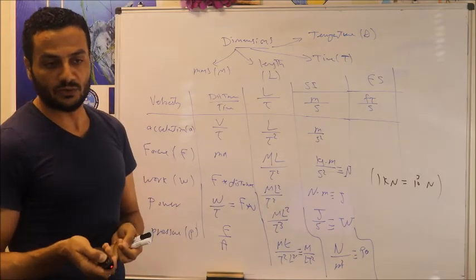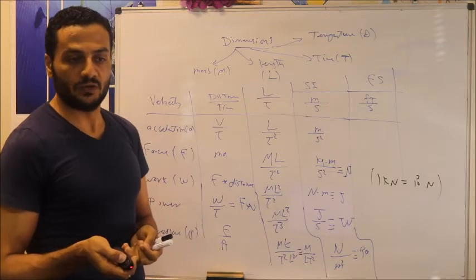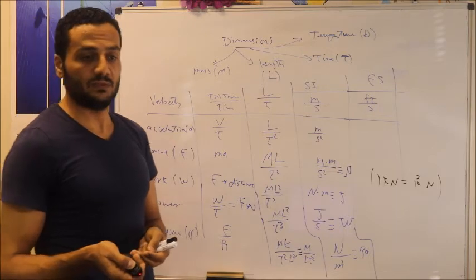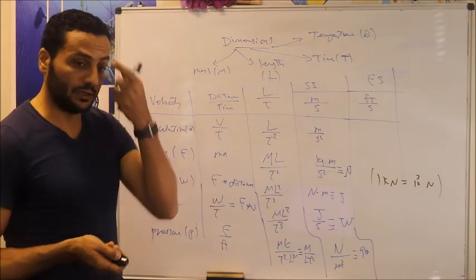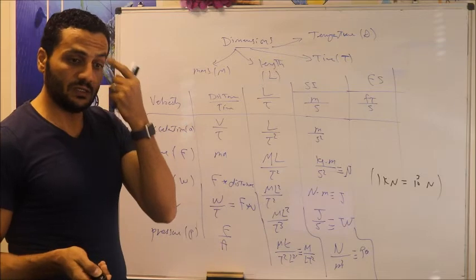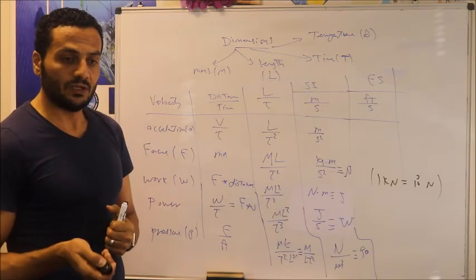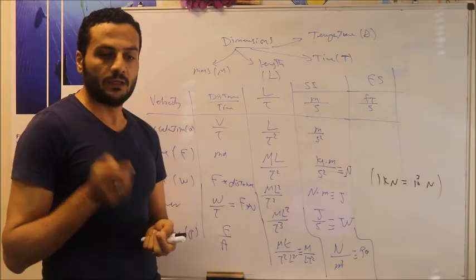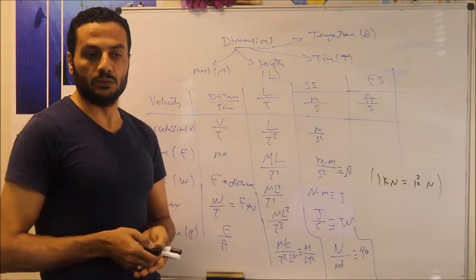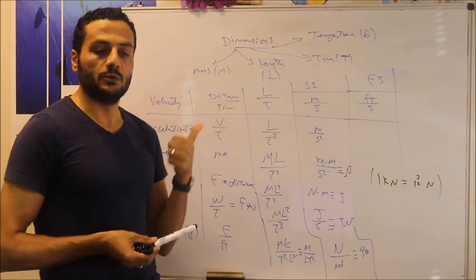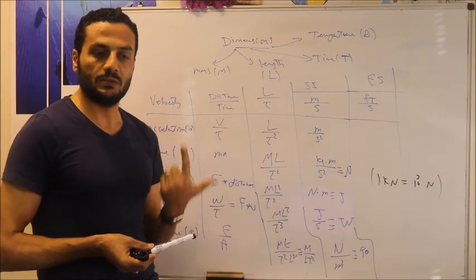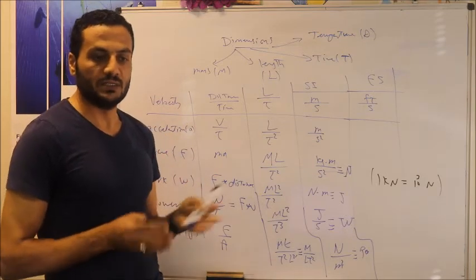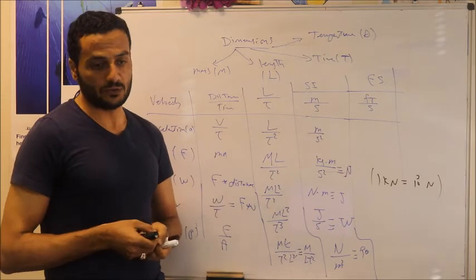We can remove pound mass and substitute 0.45 something kilogram, remove feet and multiply by 0.3048 meter. It will be 32.174 multiplied by 0.45 multiplied by 0.3048 kilogram meter per second squared, which is Newton. So 1 pound force is equal to 32.174 multiplied by 0.45 multiplied by 0.3 Newton. This is the conversion from pound force to Newton.